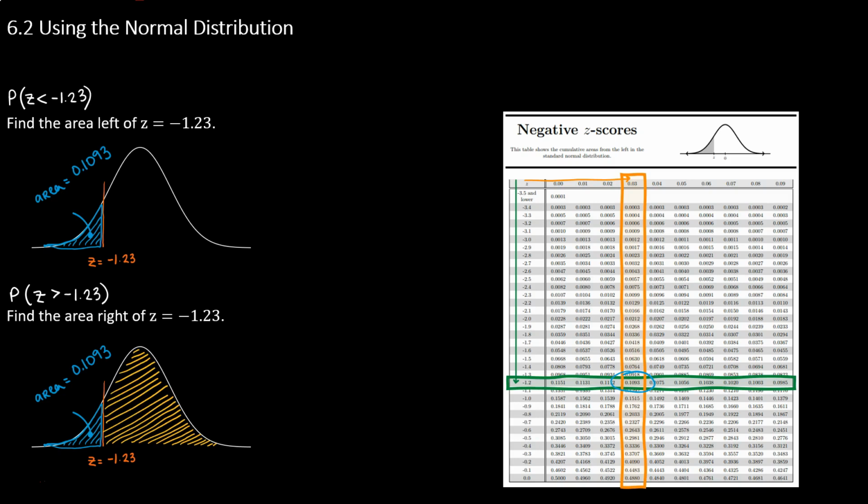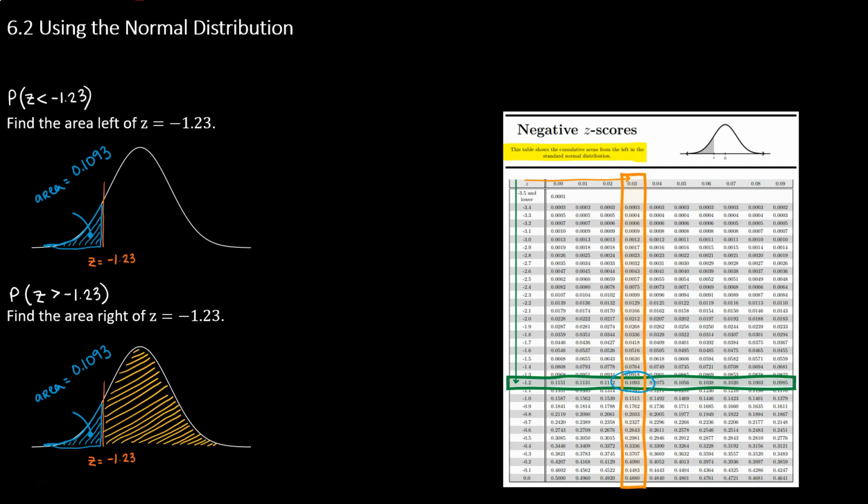In order to find the right-sided area using the table, I'm going to have to first find the left-sided area, and then recognize that the total area, left and right combined, is equal to 1. So if I start with all of the area, 100% of the area, and I subtract the left-sided area, I will find exactly what I'm looking for.